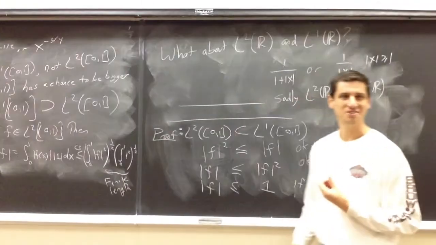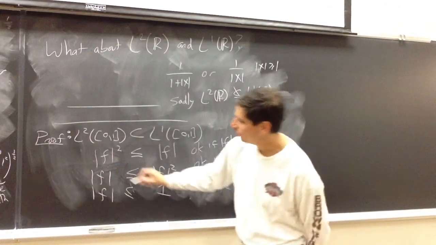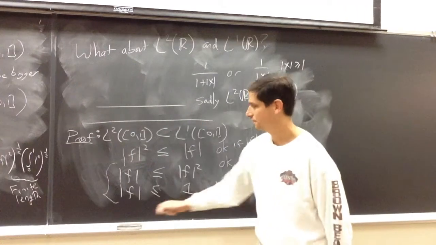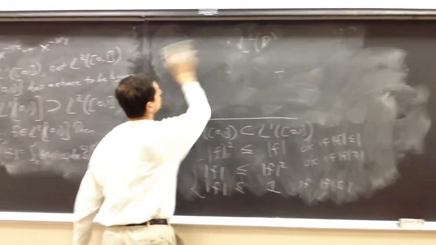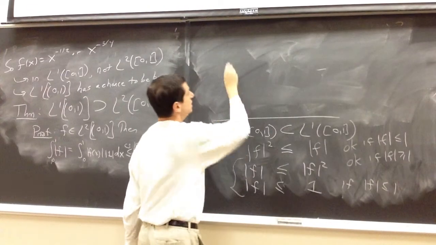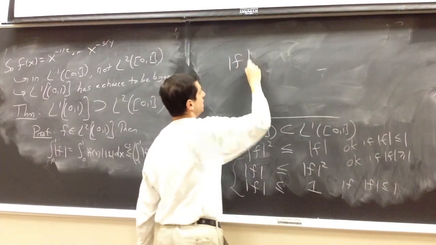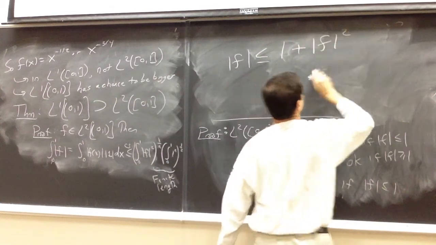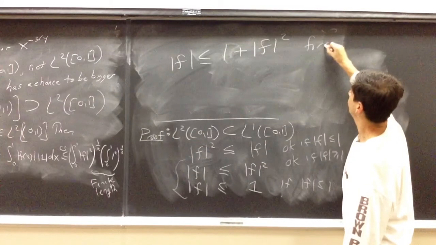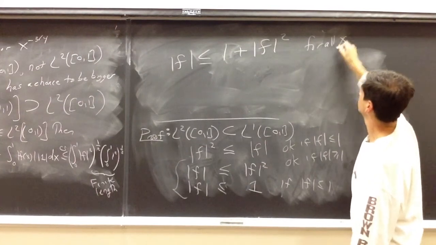All right, exercise. Now what we do is we combine these two. And so if we combine them, we get the following. The absolute value of f is less than or equal to 1 plus the absolute value of f squared for all x.